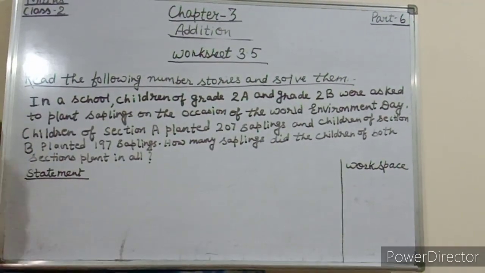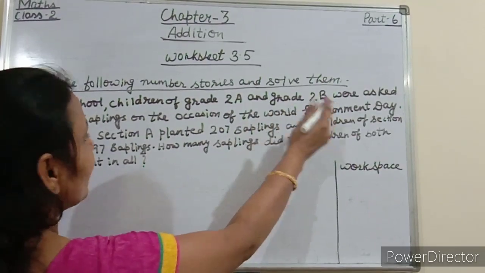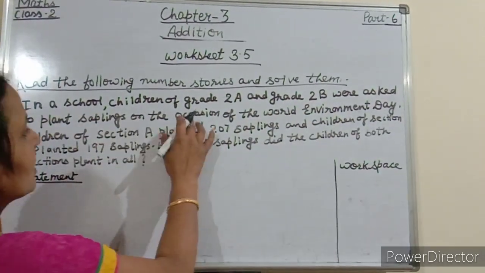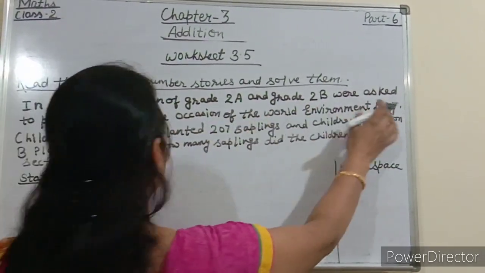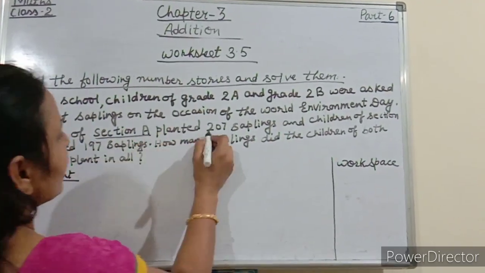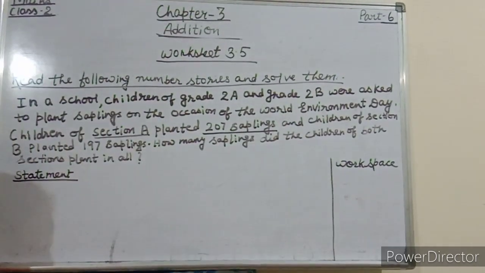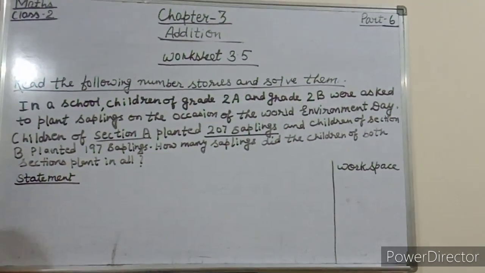See, in a school, children of grade 2A and 2B were asked to plant saplings on the occasion of World Environment Day. Children of section A planted 207 saplings. So what will you write, students?